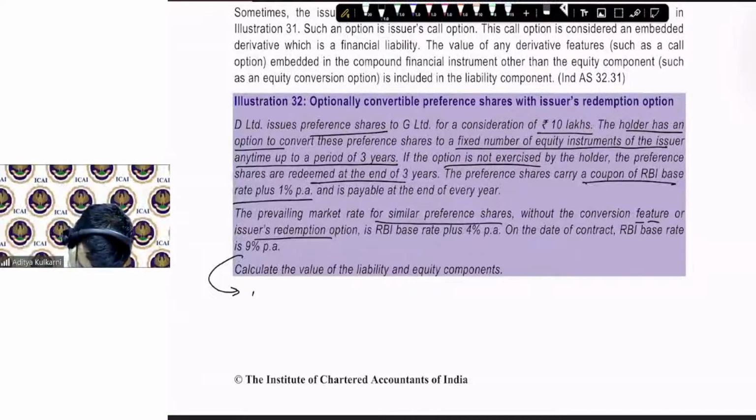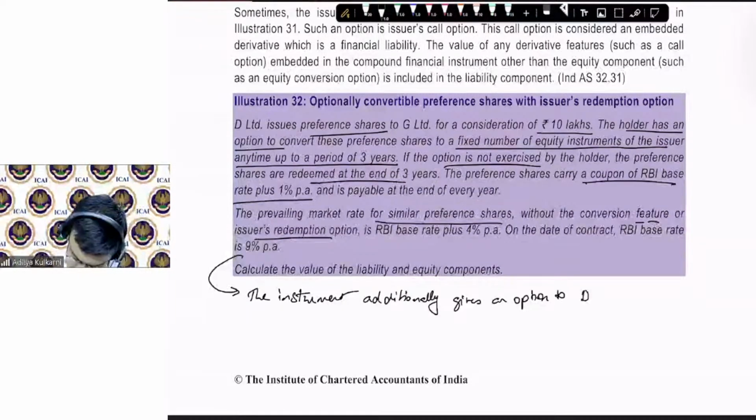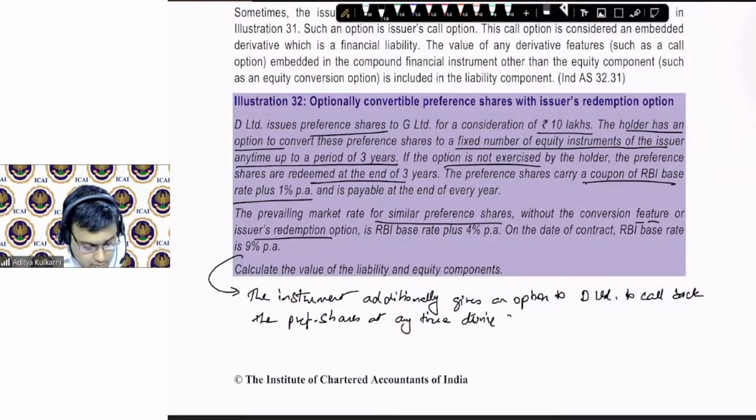The instrument additionally gives an option to D Limited to call back the preference shares at any time during 3 years.